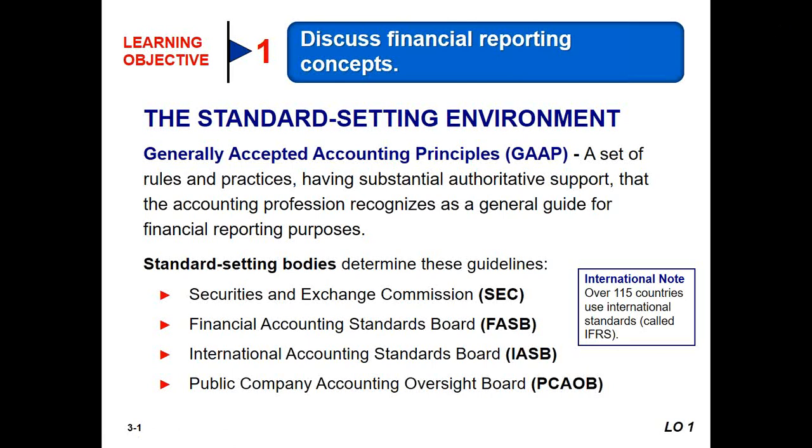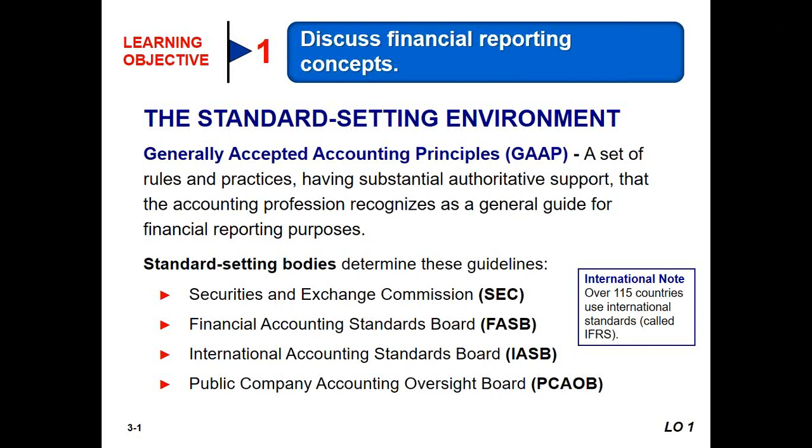Some of the bodies that help determine the GAAP guidelines are the Securities and Exchange Commission. We often think about that when we're thinking about the stock market. FASB, Financial Accounting Standards Board, that's the primary standard setting body in the United States.